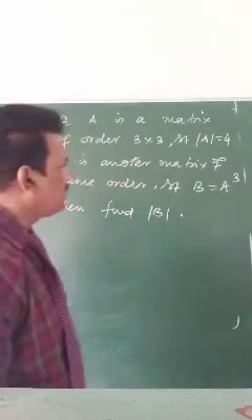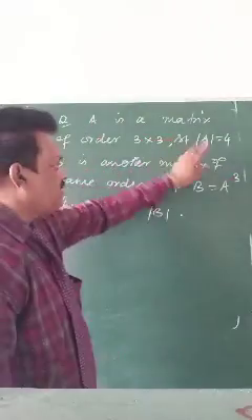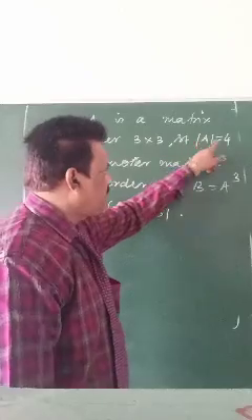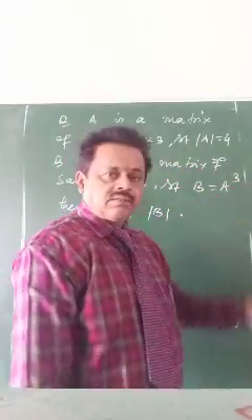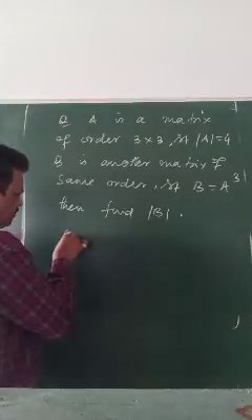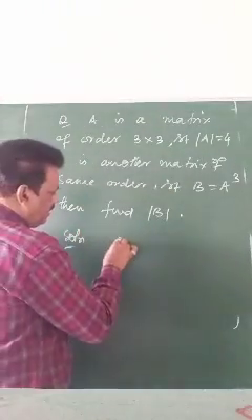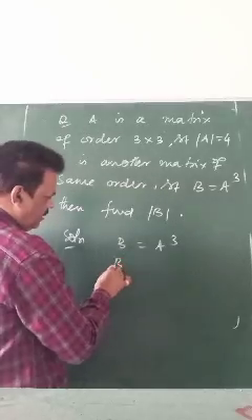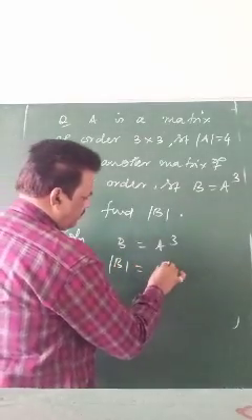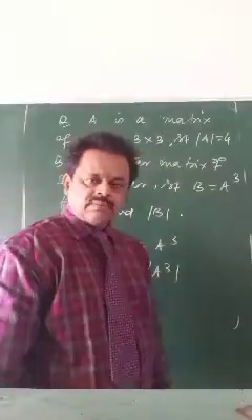Okay, the clue you see here. A and B are same order. Determinant of A is given, and you want determinant of B, and given B is A cube. Okay, look, simple. B equals to A cube. The determinant of B equals to determinant of A cube.